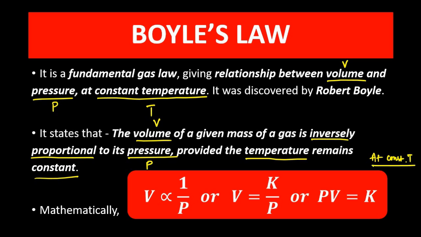If we take two such situations at constant temperature, in situation 1 we have pressure P1, volume V1, and in situation 2 we have pressure P2, volume V2.